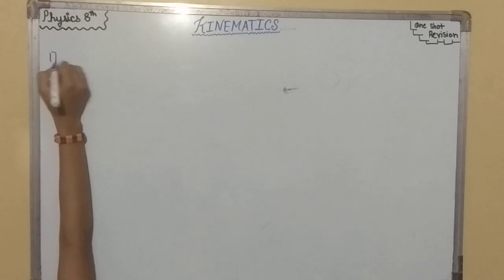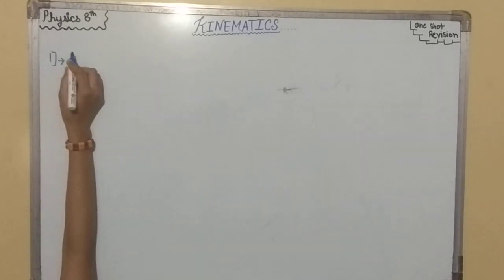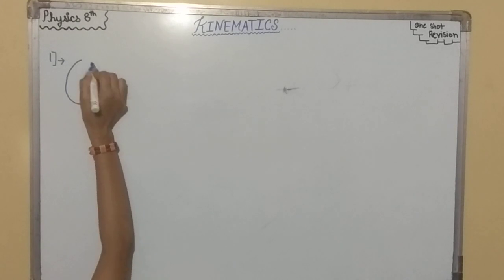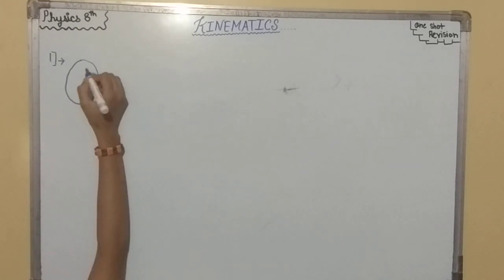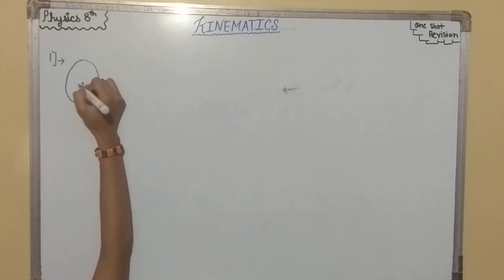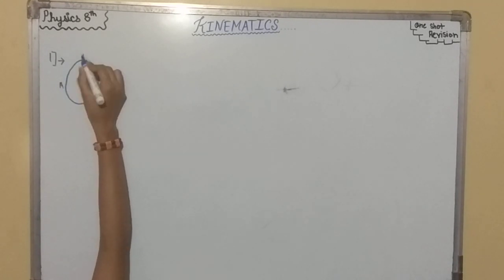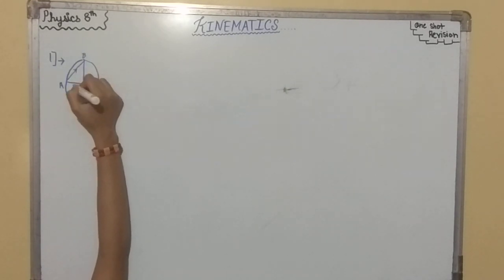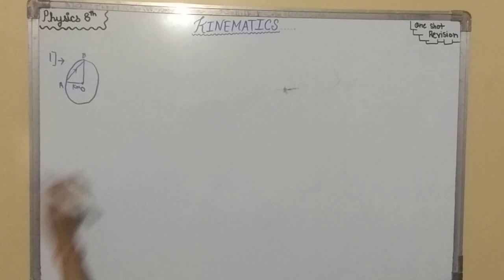So this is the circle, this is the midpoint O, this is A, this is B, AO, BO is the radius.